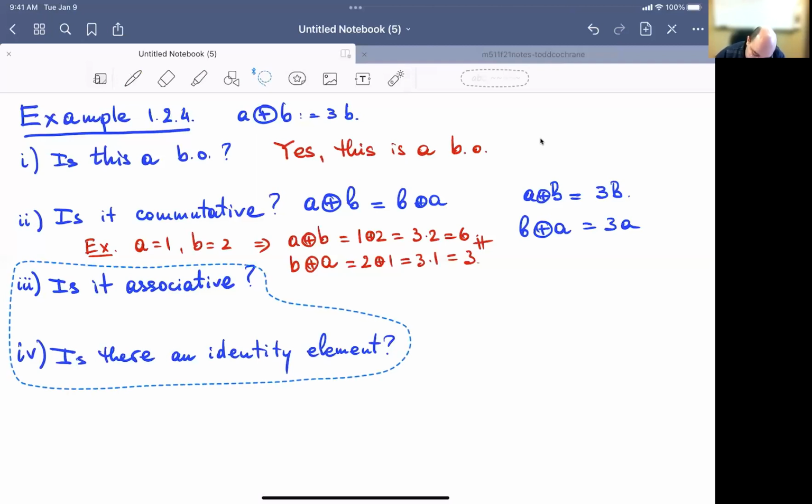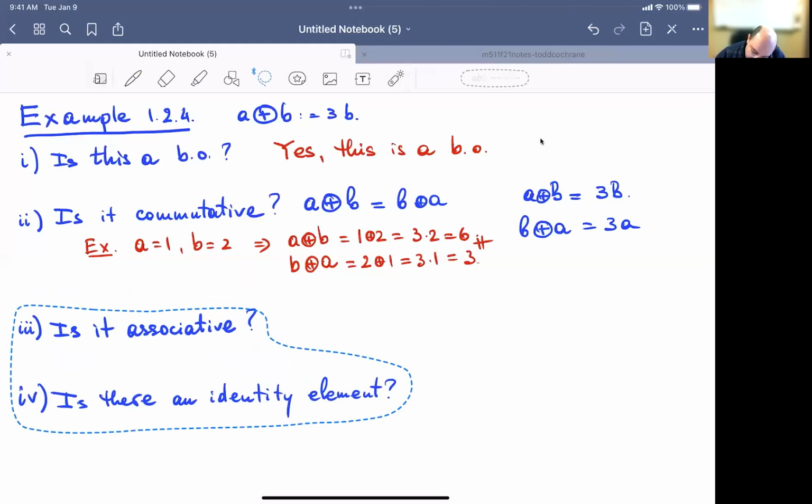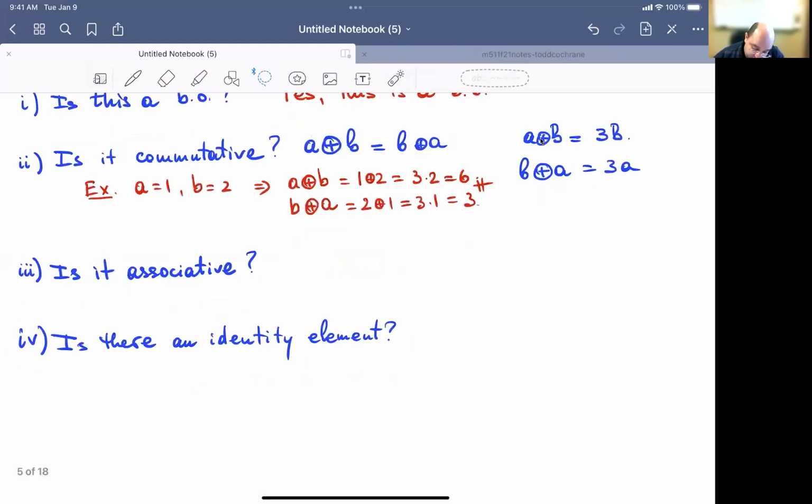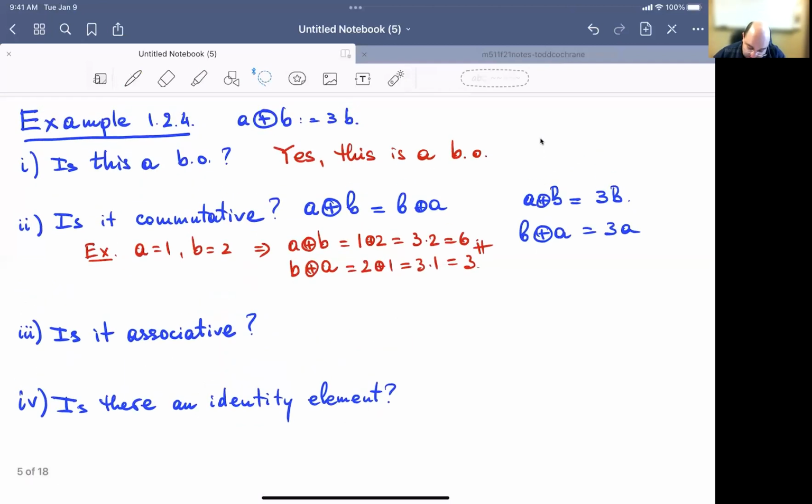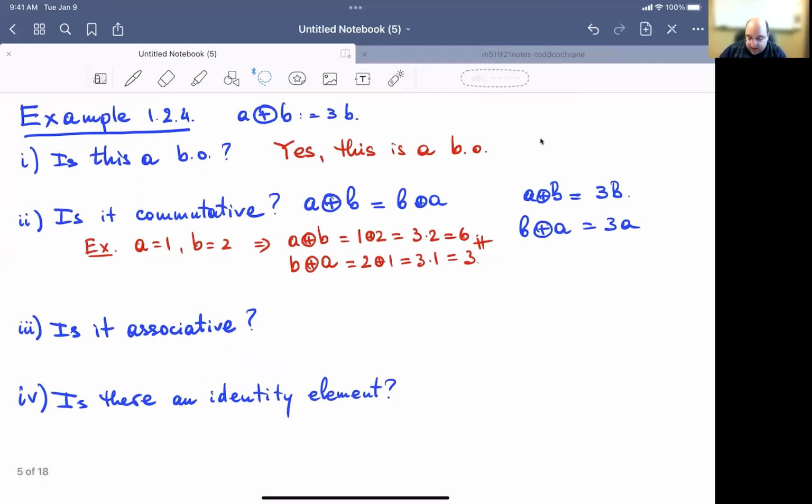I just needed one example to show that this is not a commutative operation.